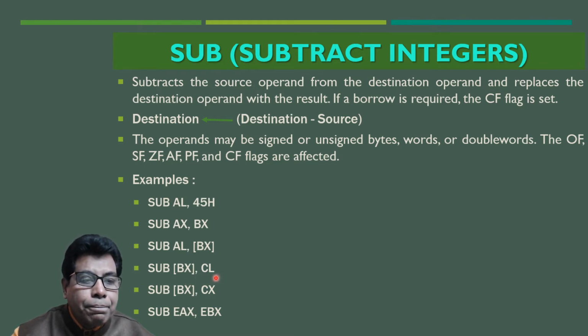Then SUB [BX], CL. Here the contents of the CL register are subtracted from the memory location pointed by BX and the result will be stored in that memory location. Then SUB [BX], CX. The operation is similar, the only difference is CX is a 16-bit register, so the contents of memory locations BX and BX plus 1 will be used in the subtraction.